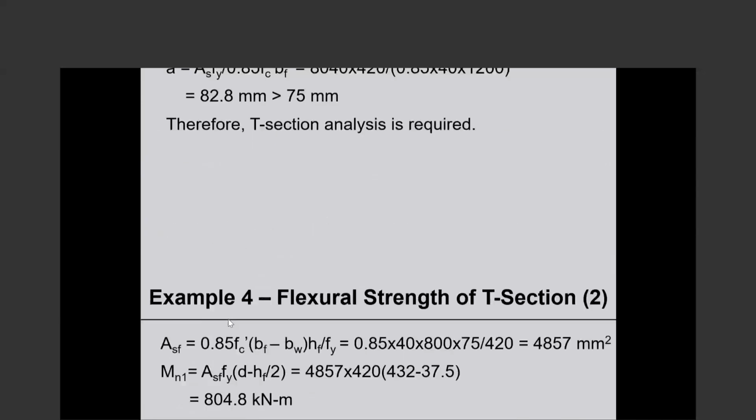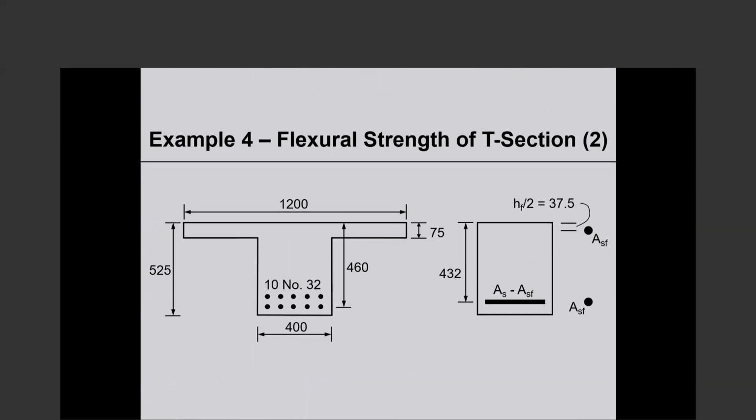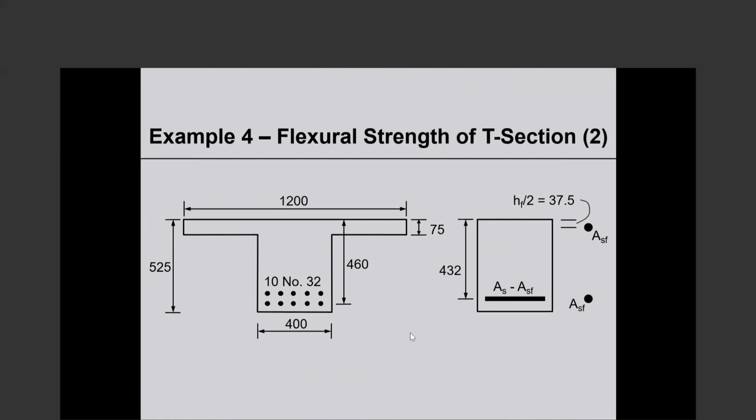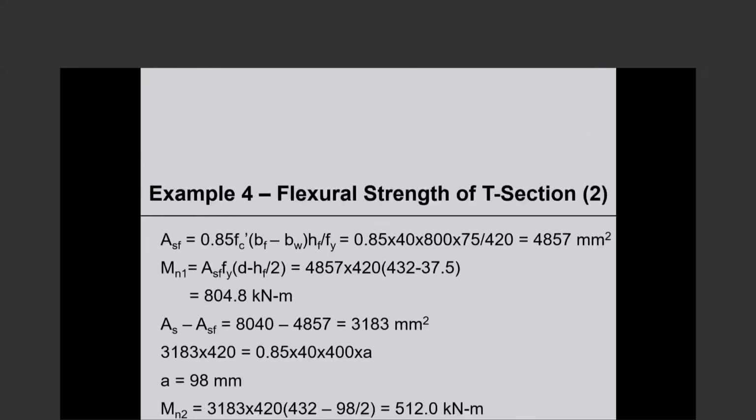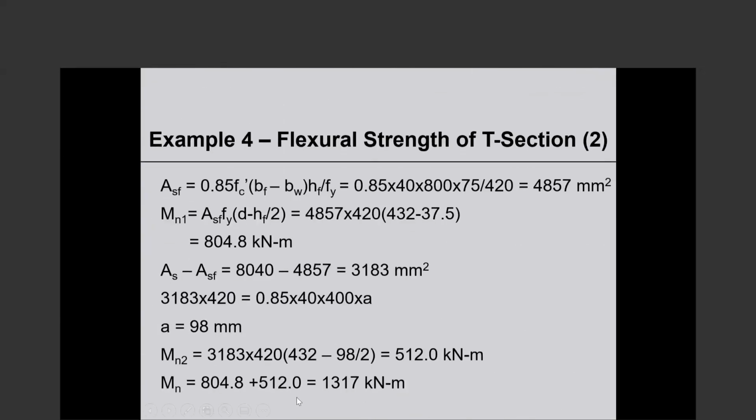This is the stress block depth for that section. Okay, this section, 98 millimeters. So now we can calculate the nominal moment strength contributed by that part of the section.